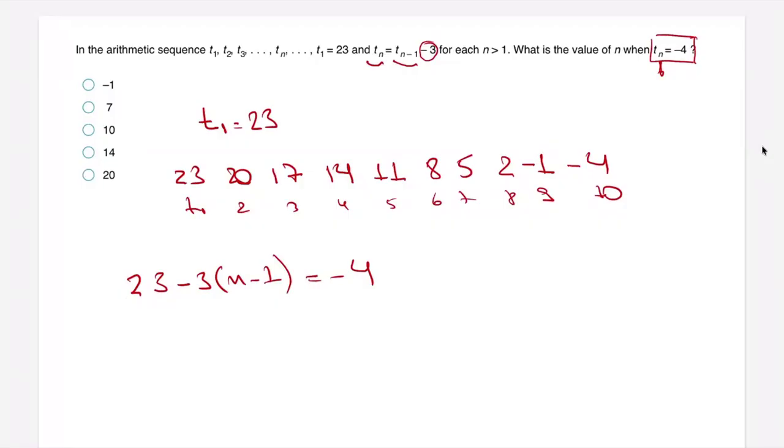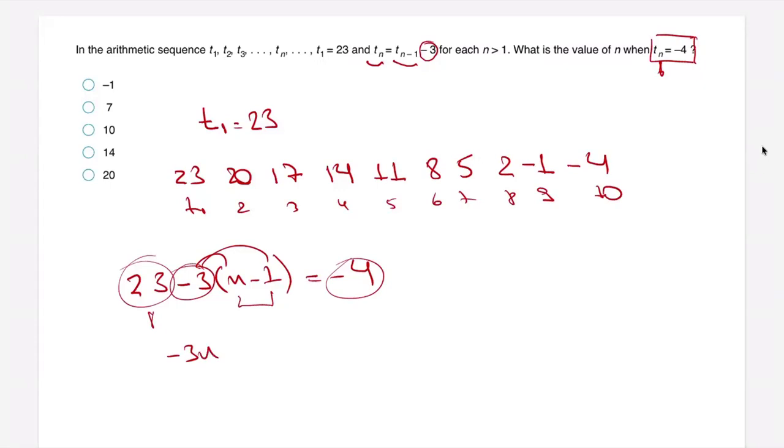Do you guys agree? 23 plus n minus 1, because here is 1, times minus 3, will be equal to minus 4. Let's see. I distribute here, it will be minus 3. Am I right?